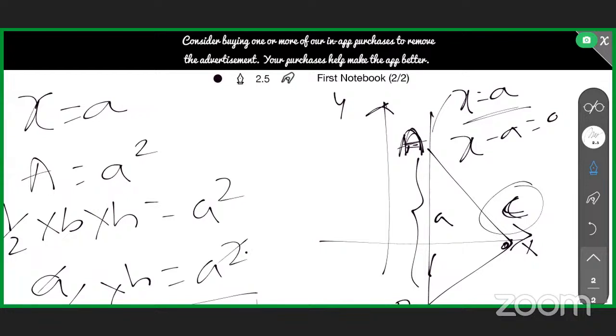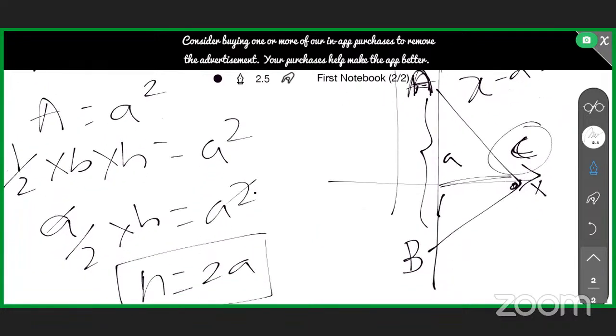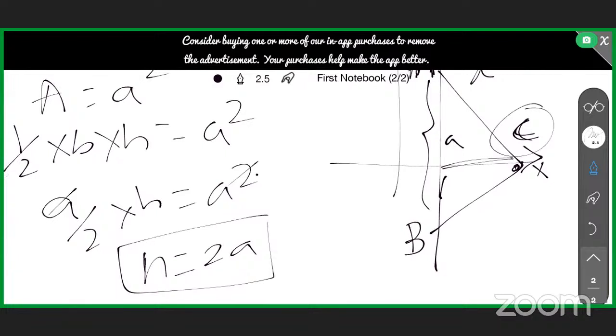Now I want to find the value of this triangle's height, which we have got as 2a.